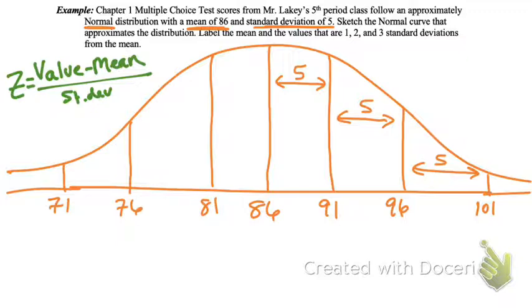So let's say Danny got an 86. What is Danny's z-score? 86 is his value minus the mean of this distribution, which is also 86. So that would be 86 minus 86 is 0. It doesn't really matter what we're dividing by. Danny's z-score would be 0. Okay? He was 0 standard units from the mean.